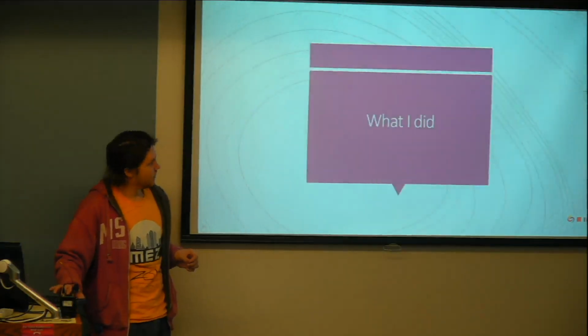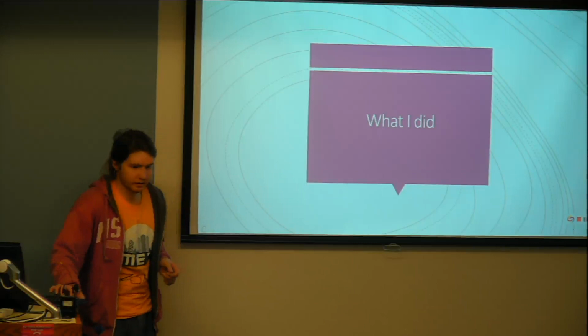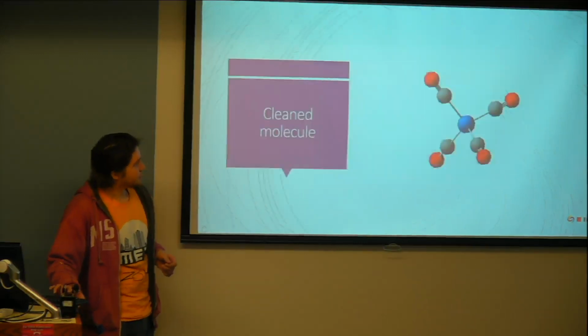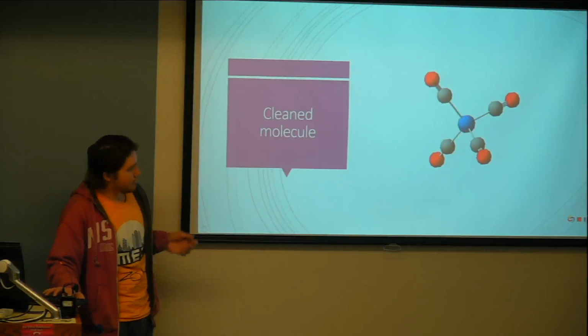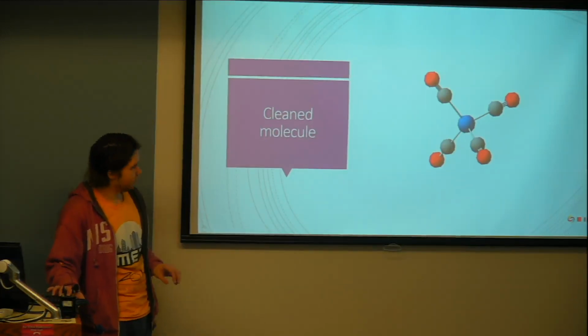So what I did to sort of test around with this is I logged into MobaXterm on Dr. Killen's server. And I created a basic molecule. This is actually nickel tetracarbonyl. It's a complete closed set, no unpaired electrons, all in base levels.